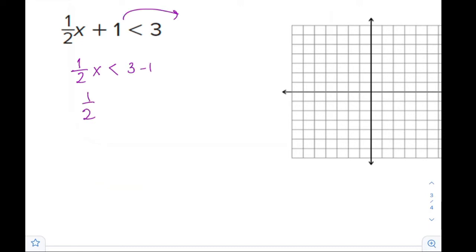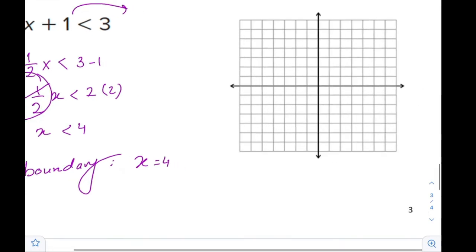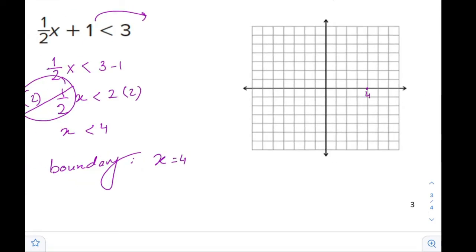So half x less than 2, multiply both sides by 2 to get rid of this fraction. So this cancels and x less than 4. So my boundary line will be x equals 4. X equals 4 is a vertical line passing through 4, but this vertical line will not be solid as I have done here.